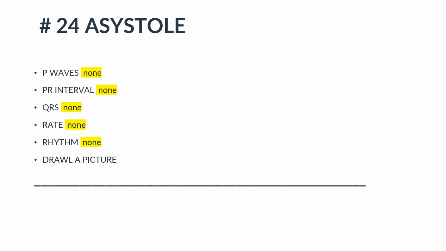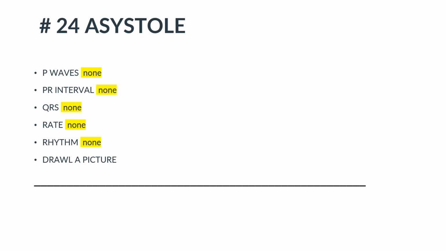For whatever reason, an electrode popped off, and that's why you're seeing your flat line. In the case of VFib, the person's moving around, so it looks like they're having VFib, but they're not, right? And so a lot of times when you see VFib or asystole on the monitor, it's an artifact. It's something that you see on the monitor, but that's not actually going on in your patient.